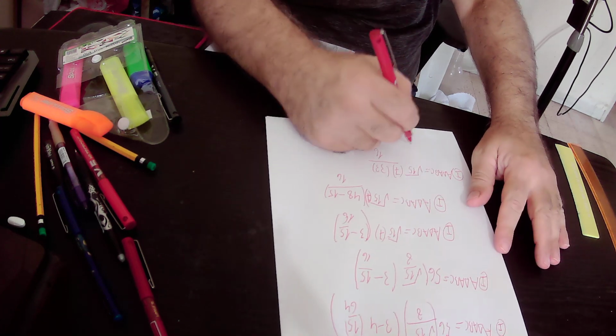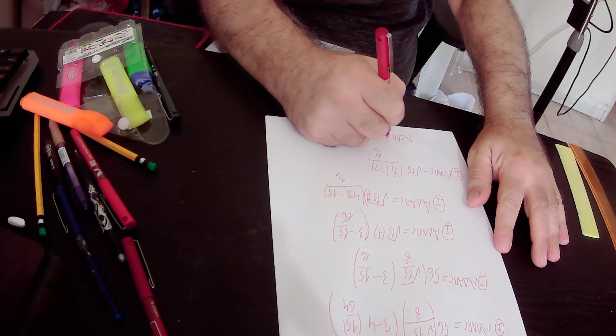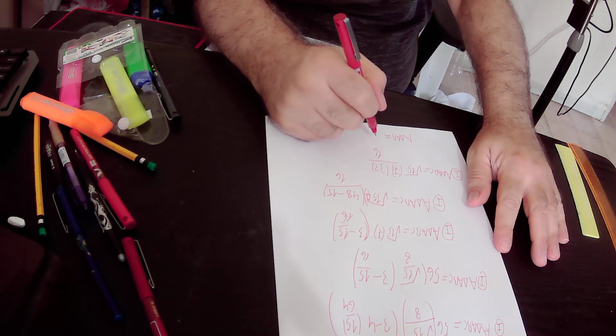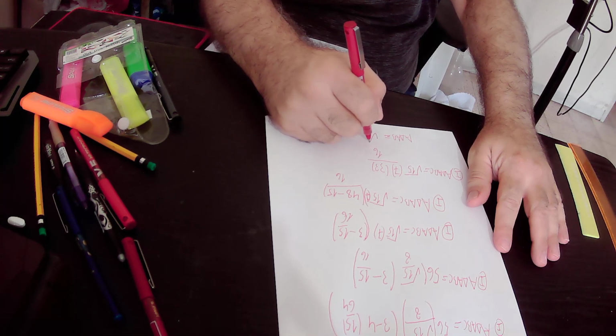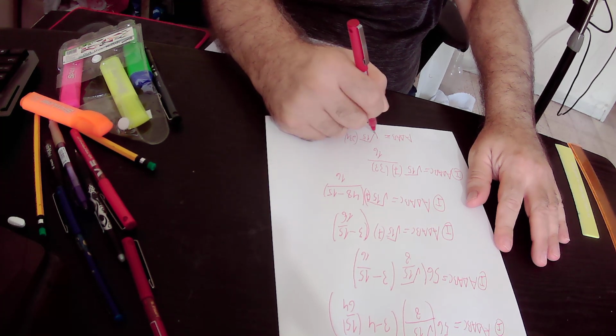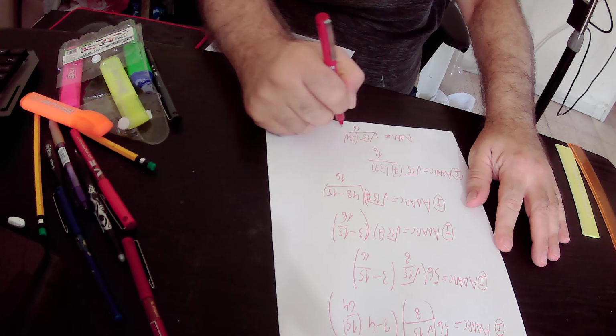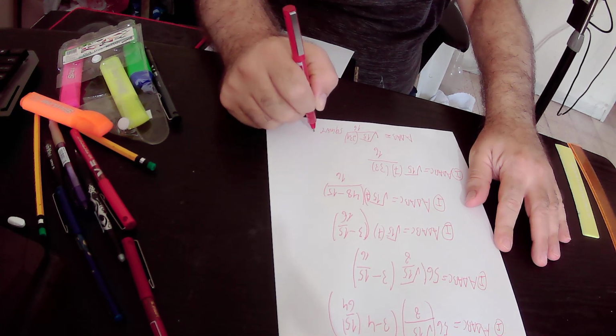The final answer is that the area of triangle ABC equals root 15 times 231 over 16 square units.